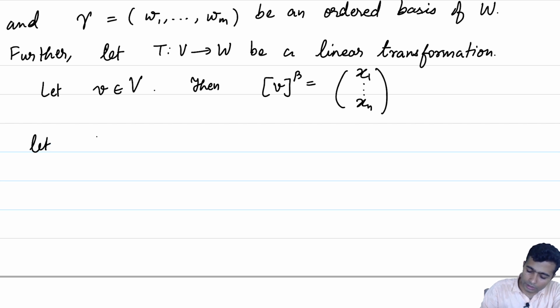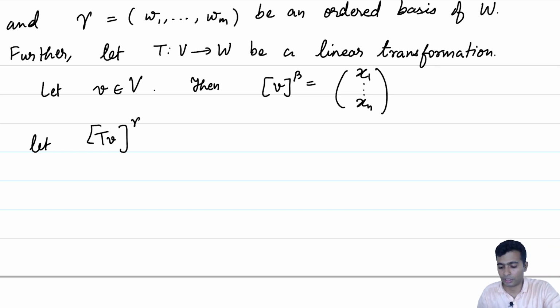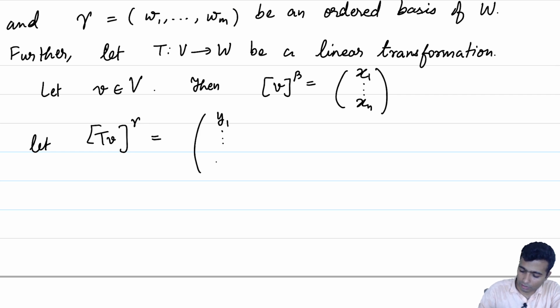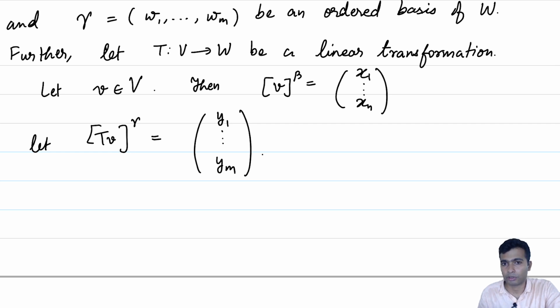Let the coordinate vector of Tv with respect to gamma, where gamma is a coordinate basis in capital W of m vectors, be a column vector of size m cross 1, denoted by y1 to ym. We would like to know how the column vector x1 to xn is related to y1 to ym.